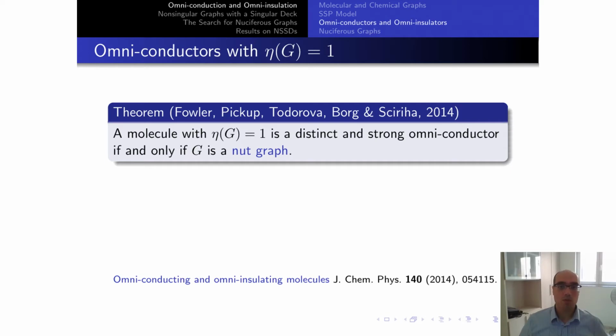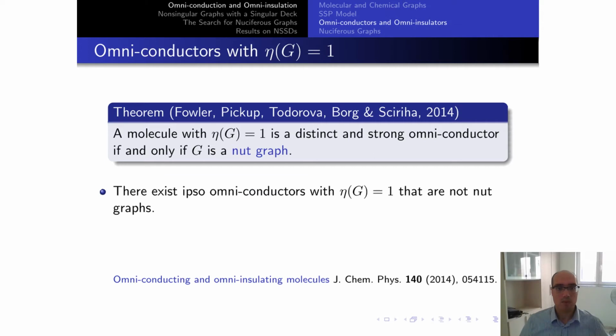And this is interesting because knot graphs, as I said before, were invented in 1998, but you could say that the first application of knot graphs was only found in 2014, so that's 16 years later. In the case of ipso omniconductors having nullity 1, this is not necessary and sufficient. There are some of them that are knot graphs, and there are others that are not knot graphs.